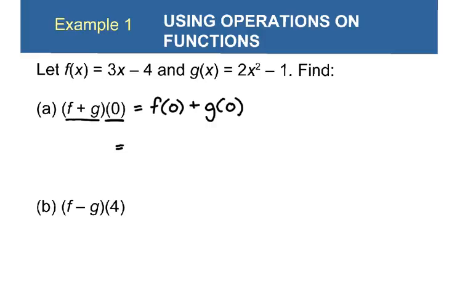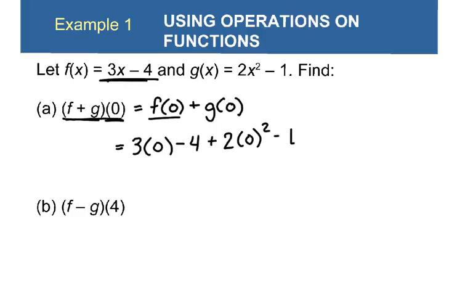For f of 0, take the function you're given up here and plug in 0 for all of your x values. For g of x, do the same thing. Plug in 0 wherever you see x, and then simplify, and that is your value of f plus g of 0. We get 0 from this portion here, 0 from this portion, leaving us with -4 minus 1, which equals -5. And that is our solution.